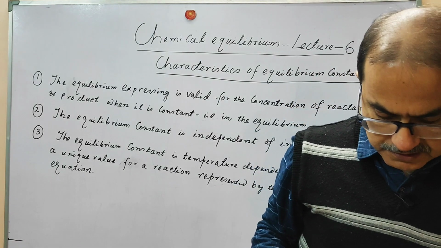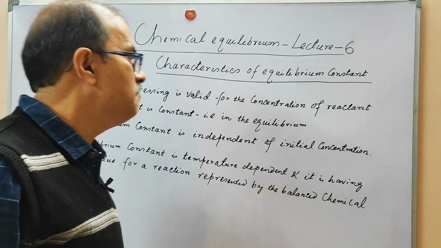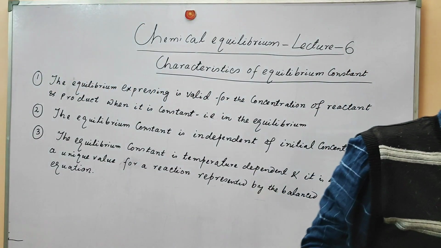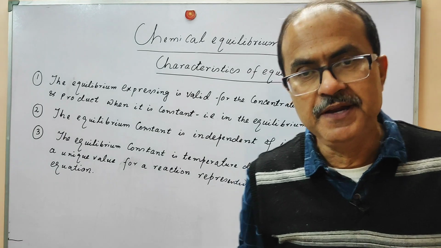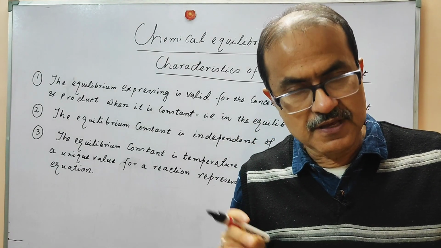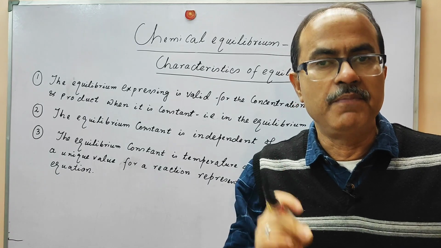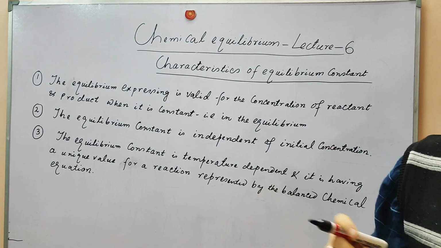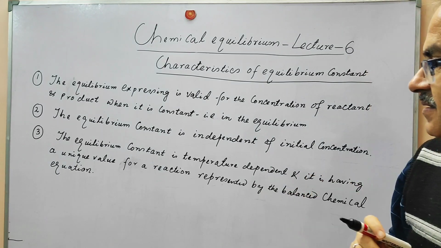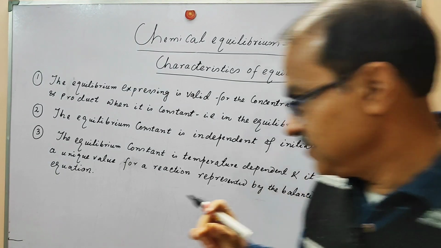So now you understand that the third characteristic is a very important characteristic that we have to understand, that the equilibrium constant is temperature dependent and it has a unique value for a particular reaction and it is supported by a balanced chemical equation. So those are the things that we are going to understand.